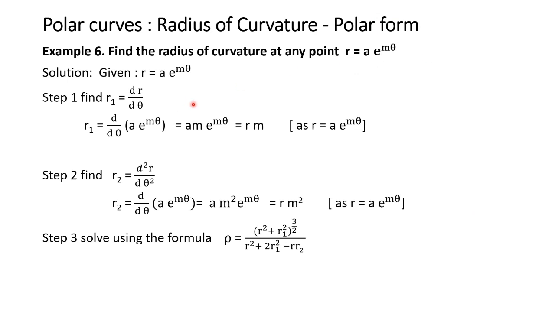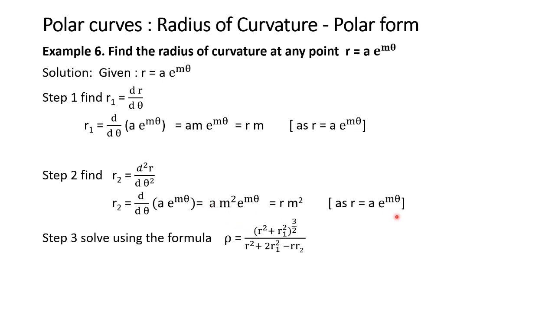Step 2, find r2, differentiation of a m e to the power m theta, which is a m square e to the power m theta, equal to r m square, as r is equal to a e to the power m theta, given. Step 3, solve for rho. Substitute the values of r1 and r2, simplifying we get rho is equal to a e to the power m theta times root 1 plus m square.